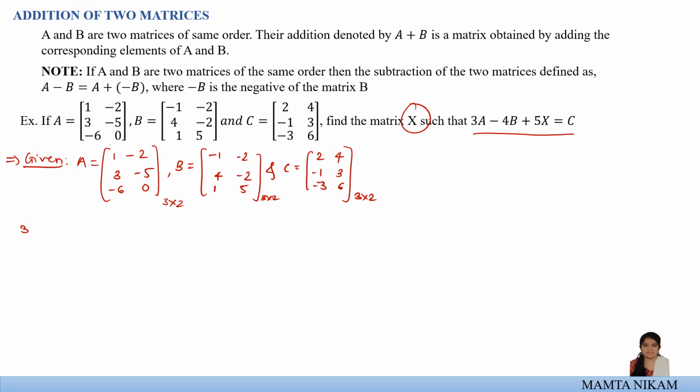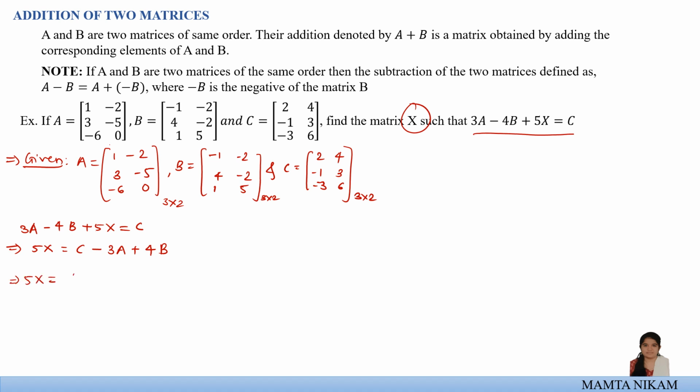We are given 3A minus 4B plus 5X equals C. We need to find the value of X. So here we can write it as 5X equals C minus 3A plus 4B. We have just shifted the A and B terms. Now just substitute the corresponding matrices in this equation.